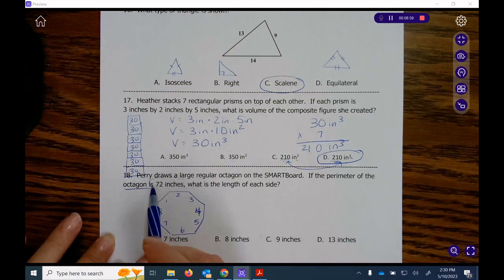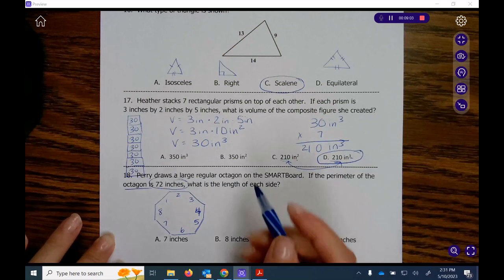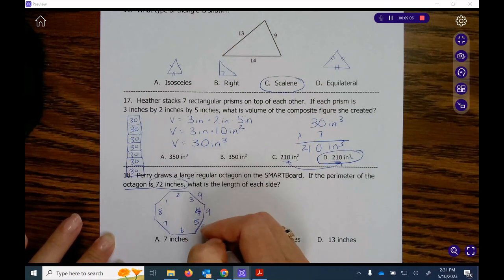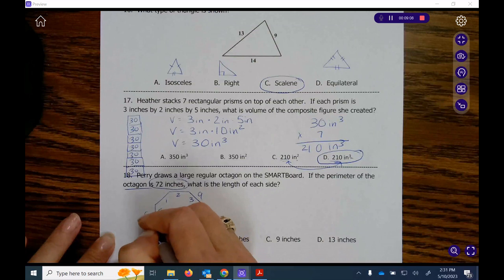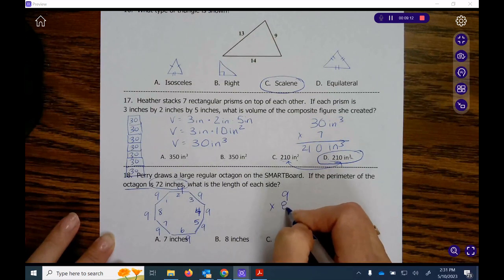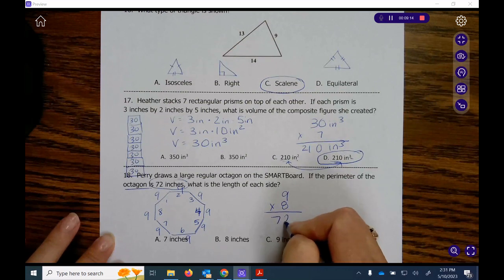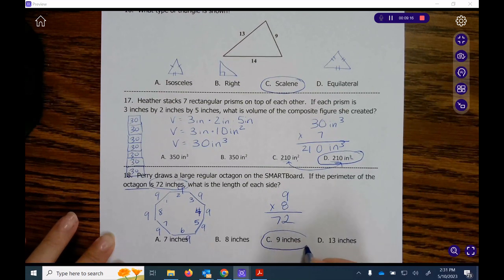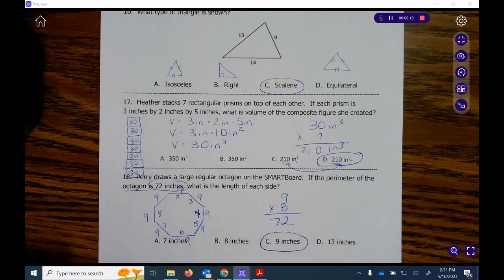And we want to divide 72 inches between the 8 sides. And to do that, we'd have 9 plus 9 plus 9 plus 9 plus 9 plus 9 plus 9 plus 9, because 9 times 8 equals 72. So each side is 9 inches long.